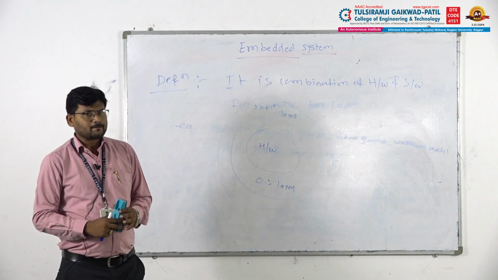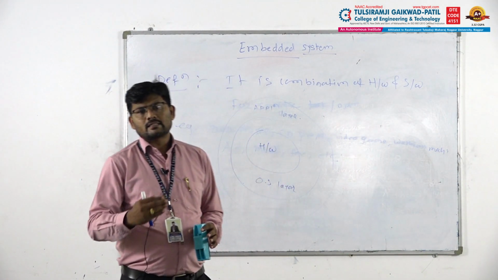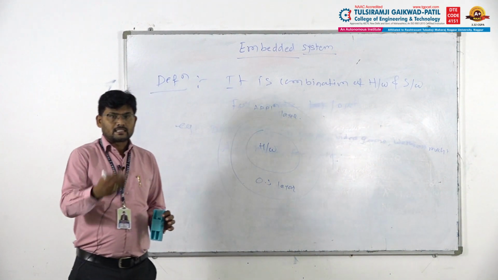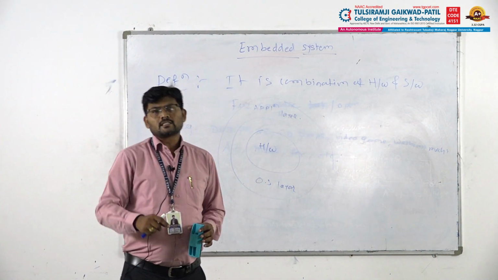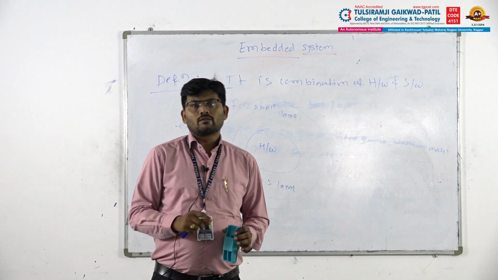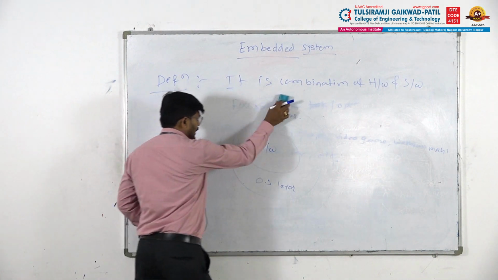The second thing is that, depending on the different types of embedded system, the classification of embedded systems depends on which kind of processor or microcontroller is required to perform the different tasks. Basically, embedded systems are classified into 3 types.